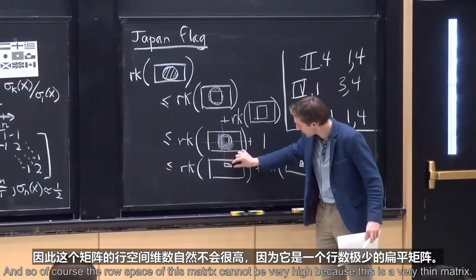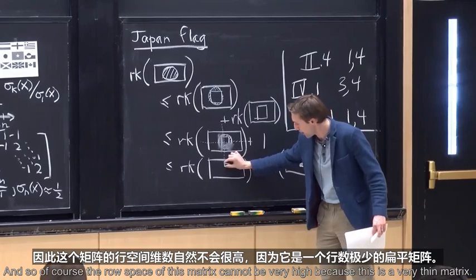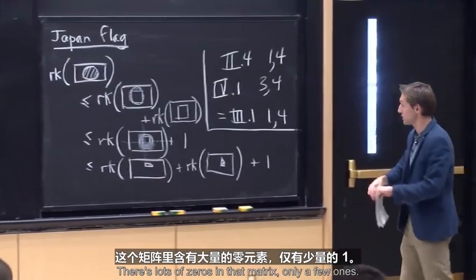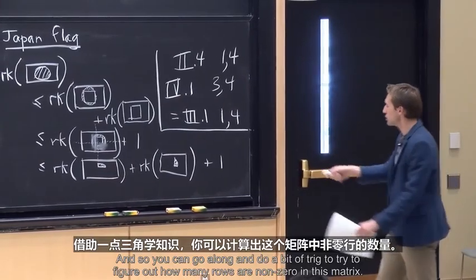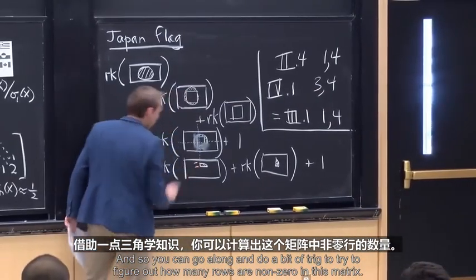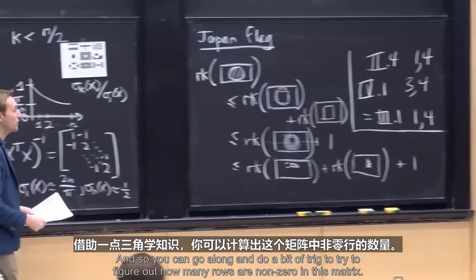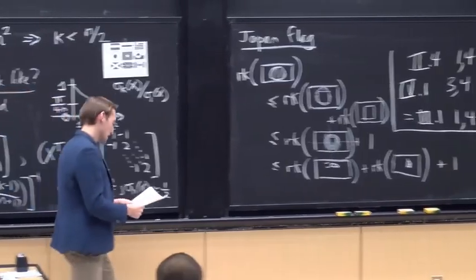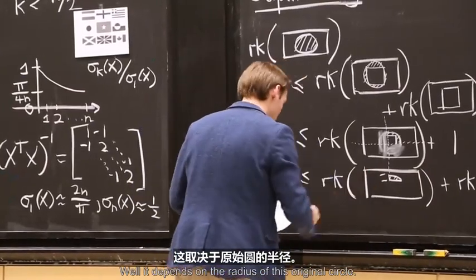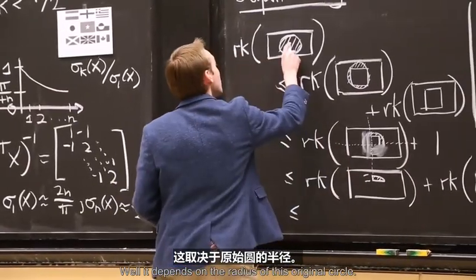And so, of course, the row space of this matrix cannot be very high because this is a very thin matrix. There's lots of zeros in that matrix, only a few ones. And so you can go along and do a bit of trig to try to figure out how many rows are non-zero in this matrix. And a bit of trig tells you, well, it depends on the radius of this original circle.